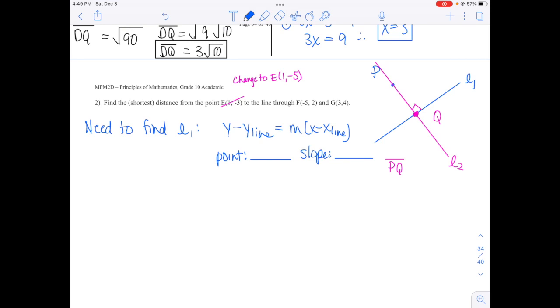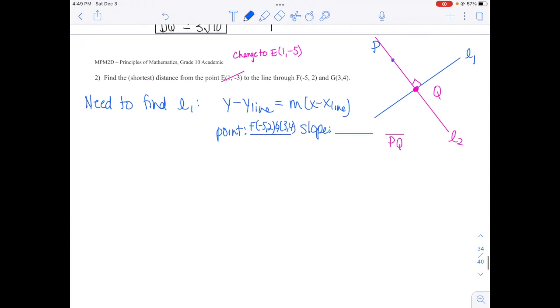For L1, I already have 2 points on the line, negative 5, 2, or 3, 4. So I can use F or G, but the slope I don't know. So I'm going to find the slope of L1 using the slope formula. So this is the slope of FG. 2 minus 4 over negative 5 subtract 3 equals negative 2 over negative 8, or 1/4.